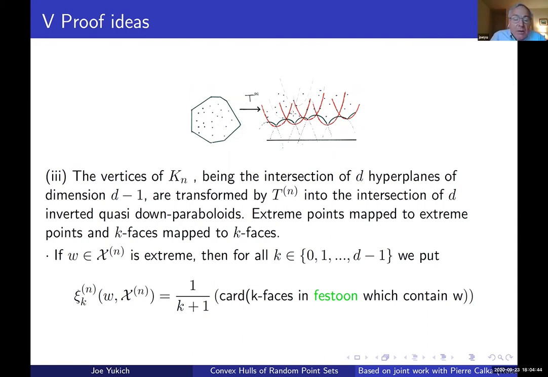In this way, if we sum these scores over all points w in this point set, we simply pick up the total number of k-faces in this festoon, which corresponds to the total number of k-faces in the original picture.